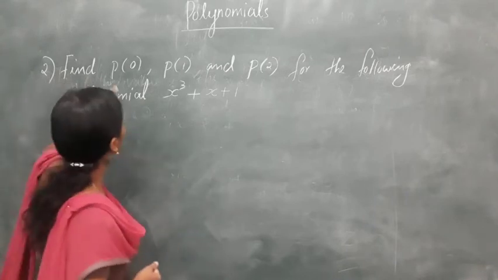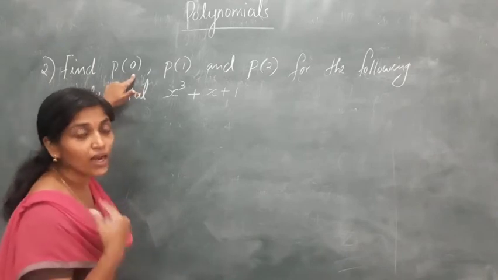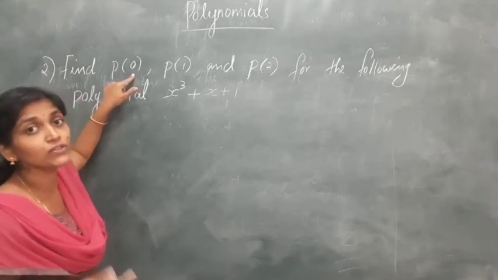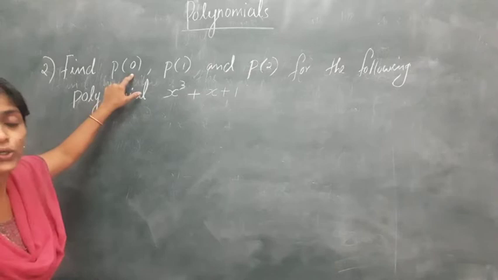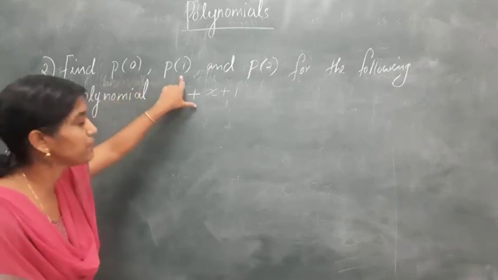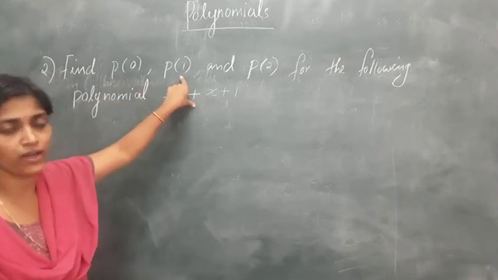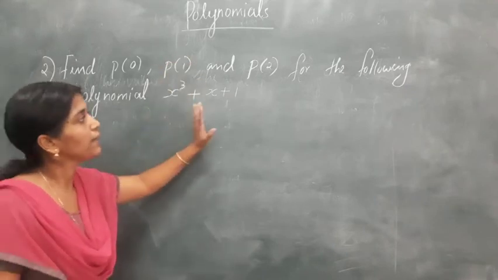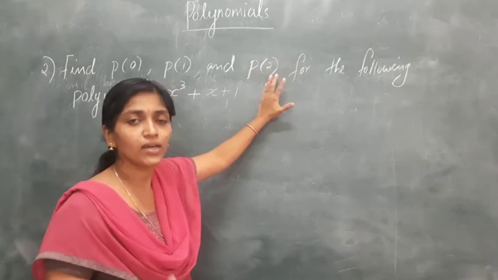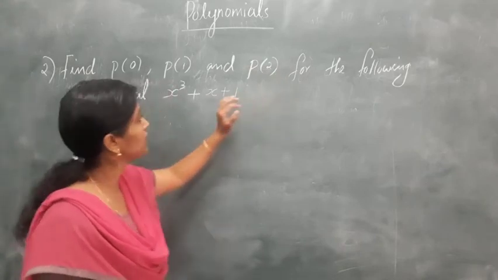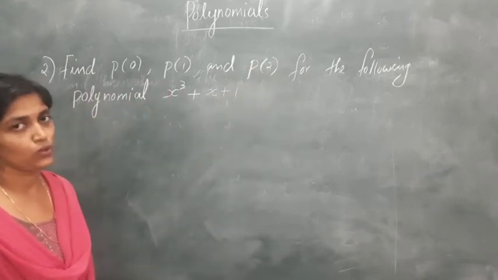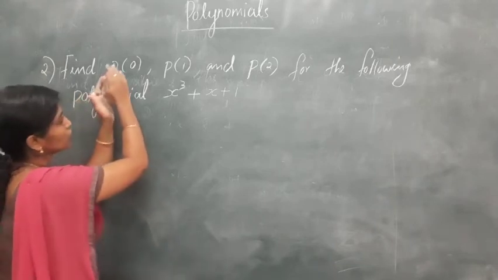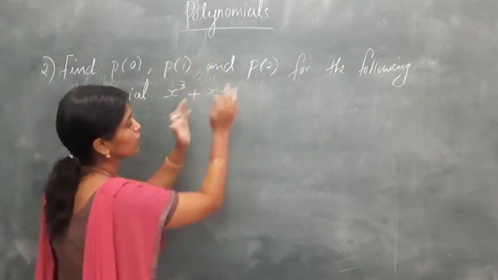The same way, p of 0 means you are asked to find the value of the polynomial at x is equal to 0. P of 1 means you are asked to find the value of the polynomial at x is equal to 1. And P of 2 means you are asked to find the value of the polynomial at x is equal to 2.